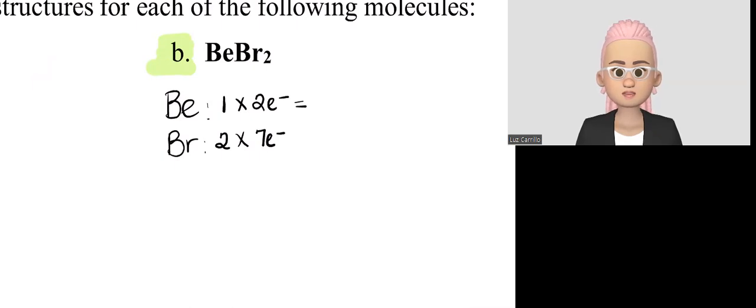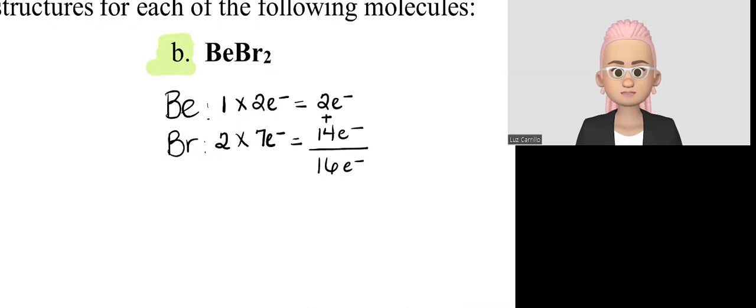So beryllium contributes 1 times 2, which is 2 electrons. Bromine contributes 14 electrons. When we add these 2 values, there are 16 electrons available for bonding.